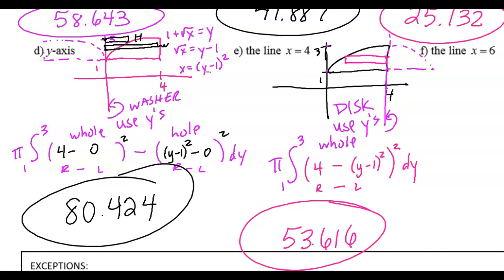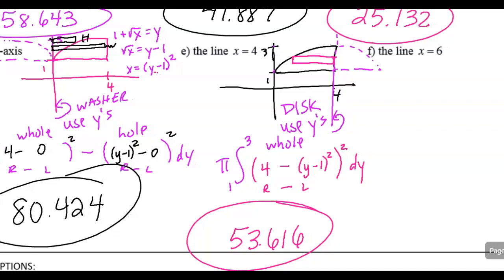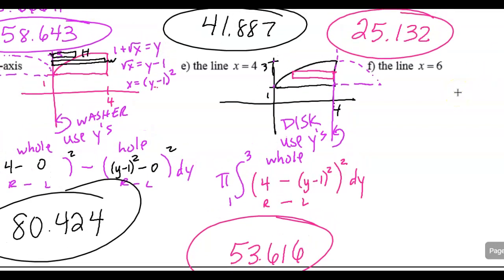All right, let's move over a little bit. You can kind of see I have 5 different answers so far. Last one, and then I will take a break from this video. So 1 to 3. And so we're looking at x equals 6. So if this was x equals 4, x equals 6 is about right here.